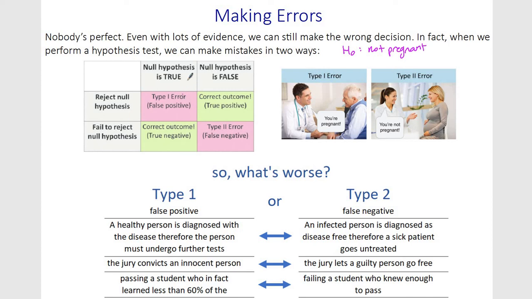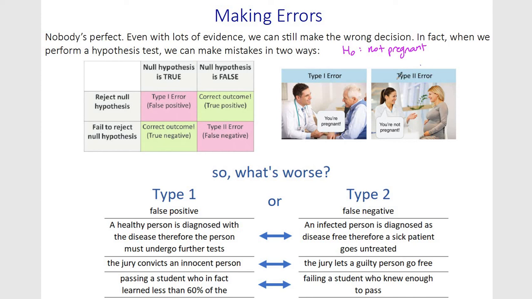If the null hypothesis is true, but we reject it, that's telling a man that he's pregnant. You know that's true, that they're not pregnant, but now you're saying that they are. That doesn't make sense.